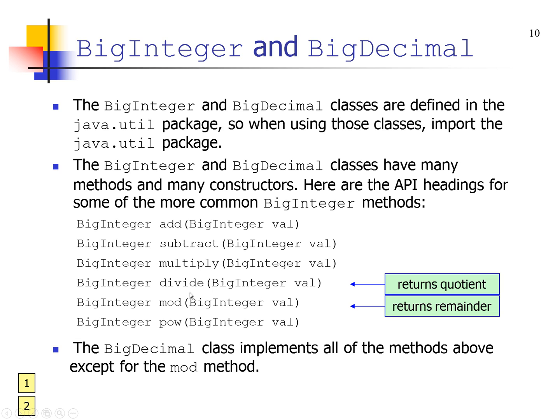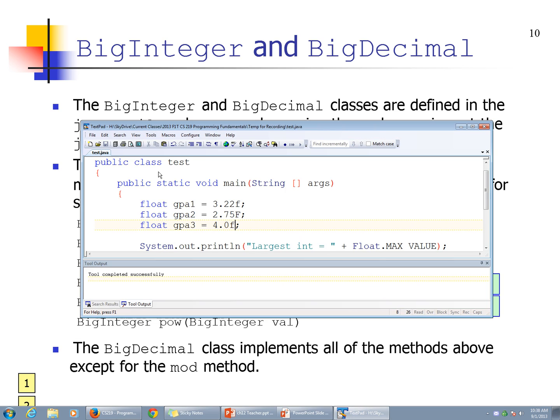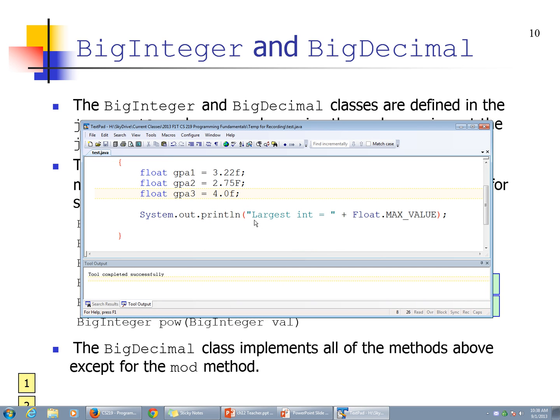Now, they talk about returning the quotient and returning the remainder. Let me do a real quick explanation of what mod is, because some of you might be saying, huh? Let's do 7 mod 3. If I output 7 mod 3, what you do is take this 3 and put it in front of the 7 and do basic division.